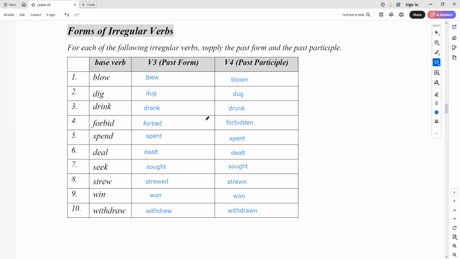Okay, so we just wait for Macarius, okay? Okay, so faster.